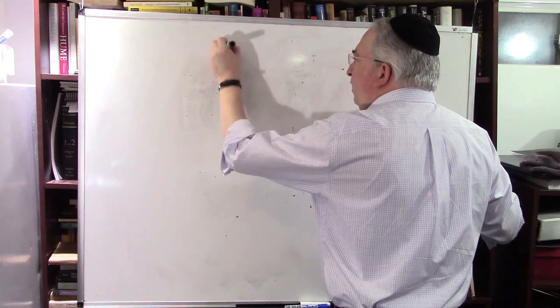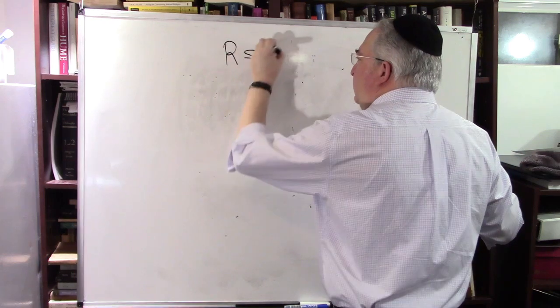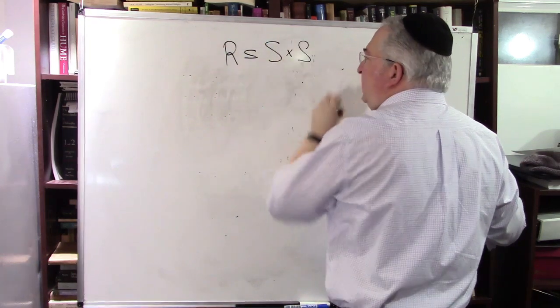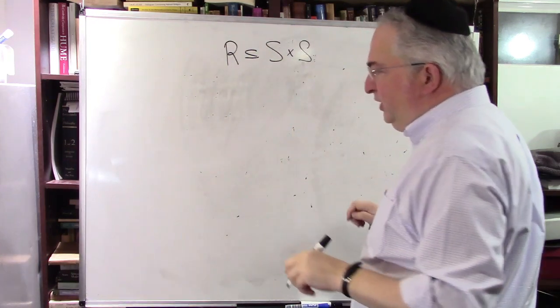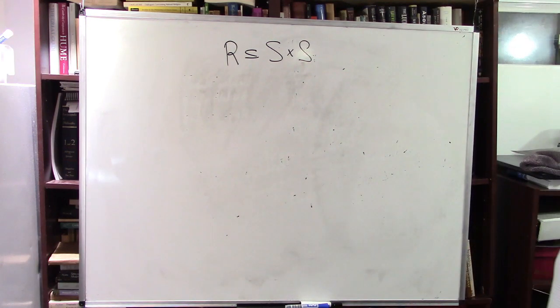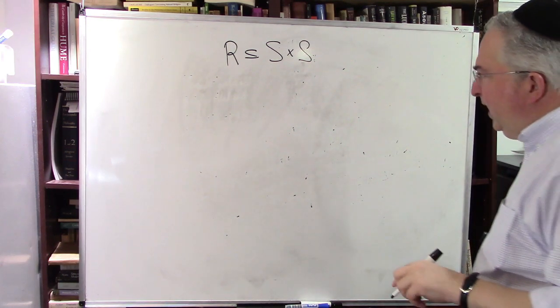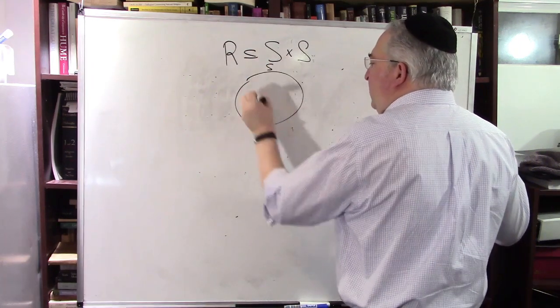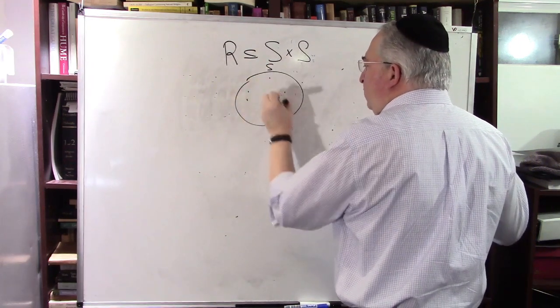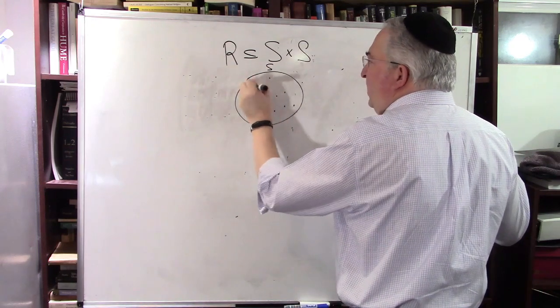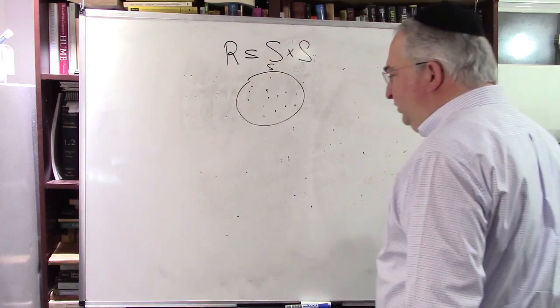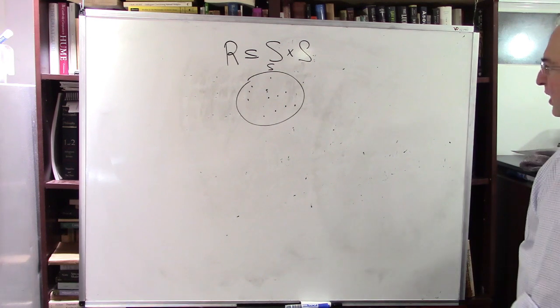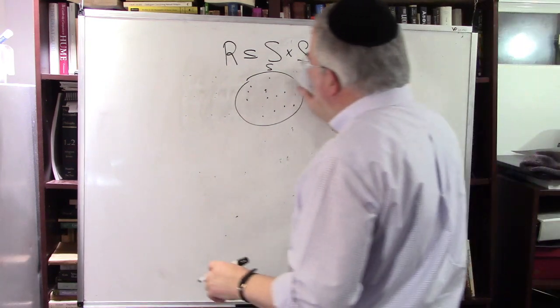So we have R is a subset of S cross S, not S cross T, but S cross S. And what this is about is as follows. You have this set S, and you're going to have different elements related to other elements, and R tells you what's related to what. Okay, so we saw this already, again, in chapter 1.